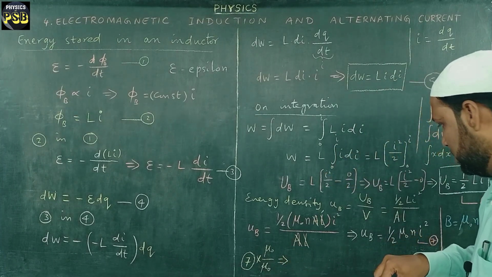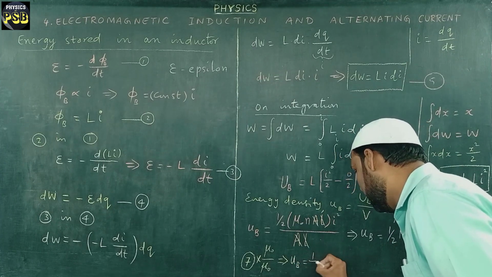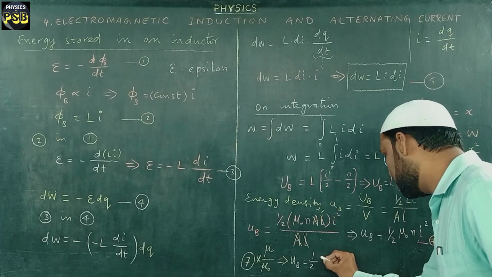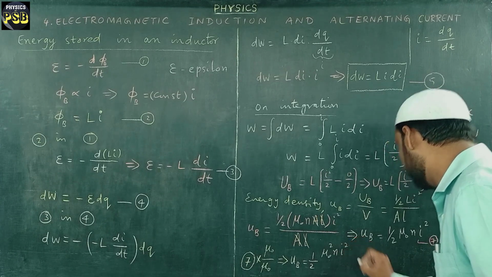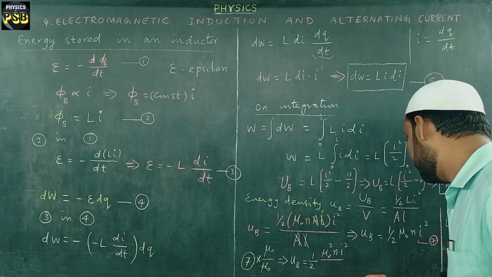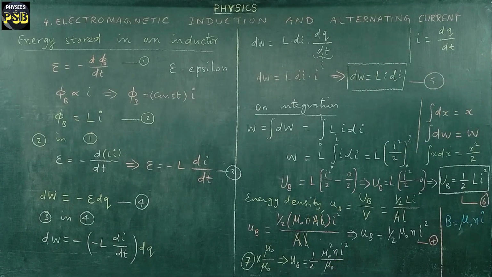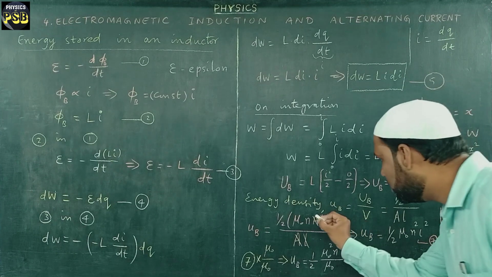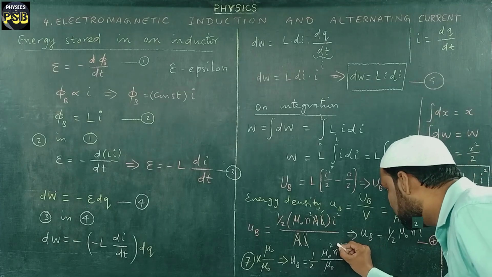I will get this: U B equals half mu naught square n square I square upon mu naught. Got it? Here I made a small mistake. I forgot to mention this is not n, it is n square. So if it is n square, then this is also n square only.